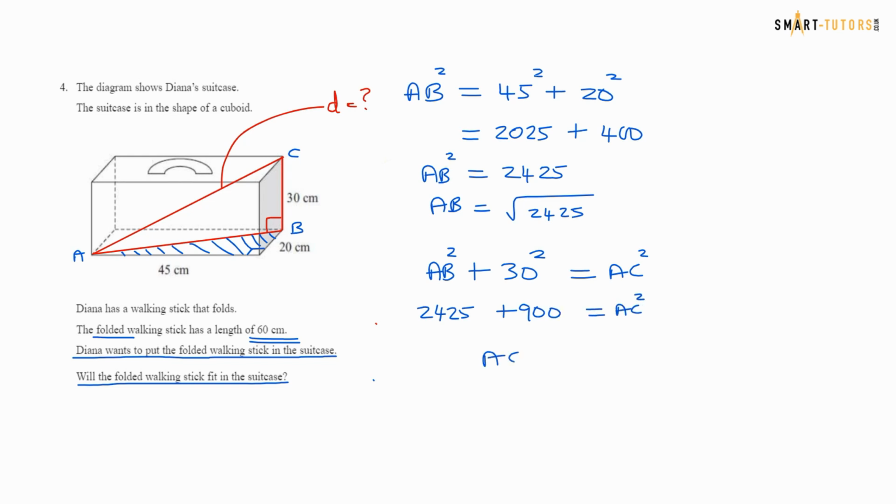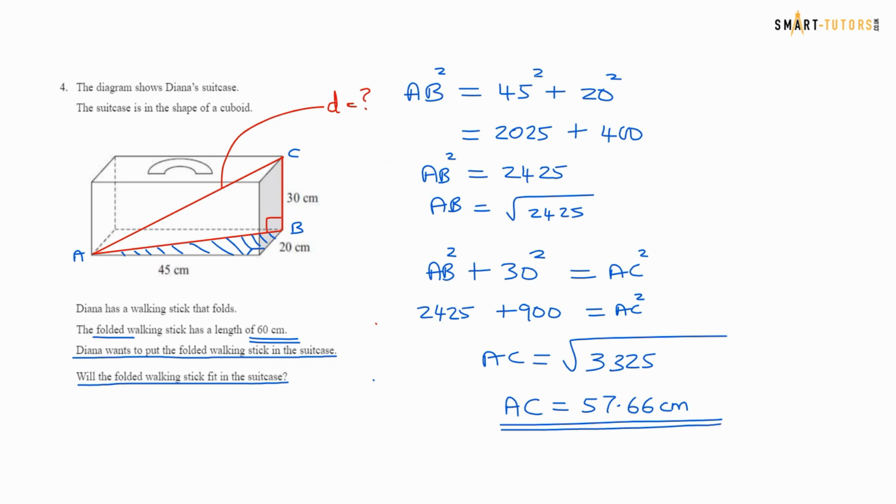So AC equals square root of 3325. The square root is 57.66. So AC equals 57.66 centimeter. So that is the answer for AC.